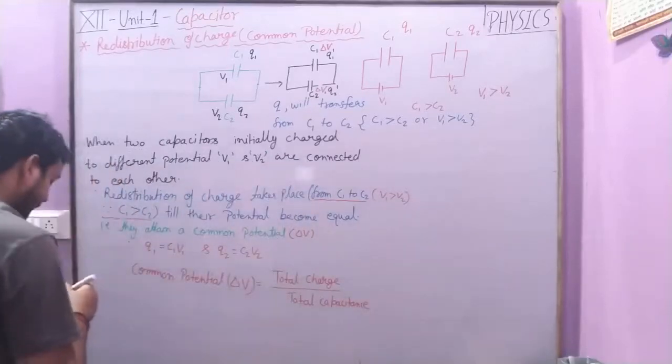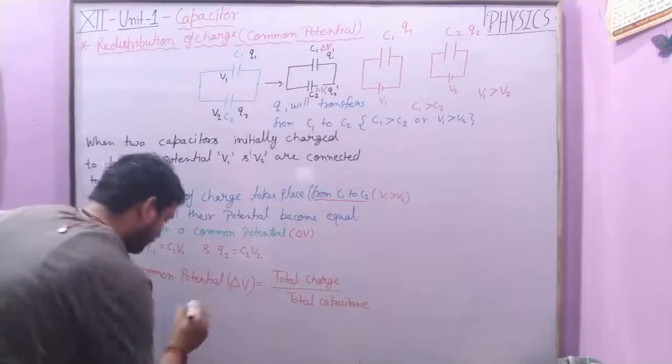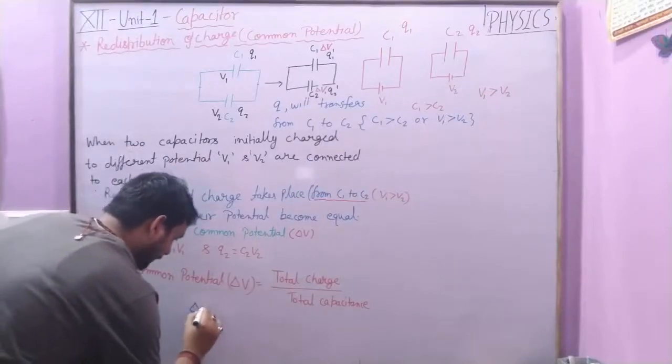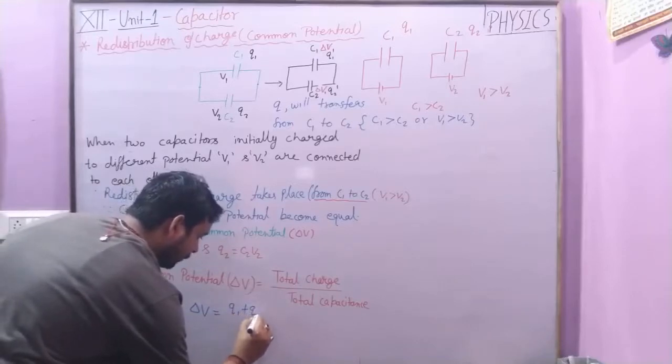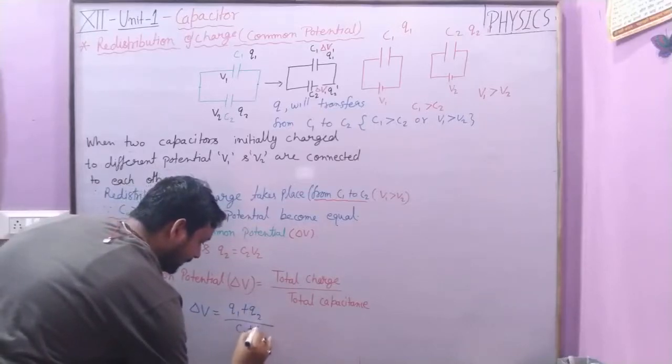Clear? That we get from here that delta V is equal to (Q1 plus Q2) upon (C1 plus C2).